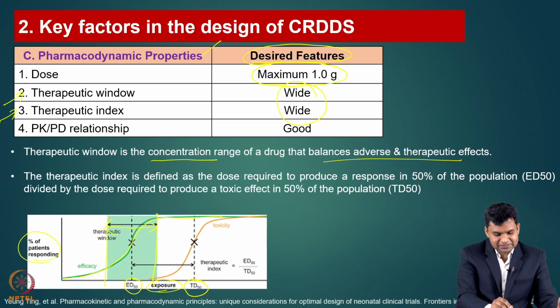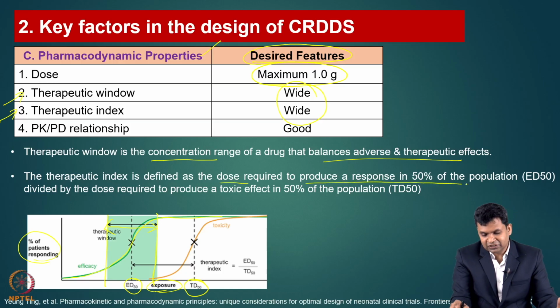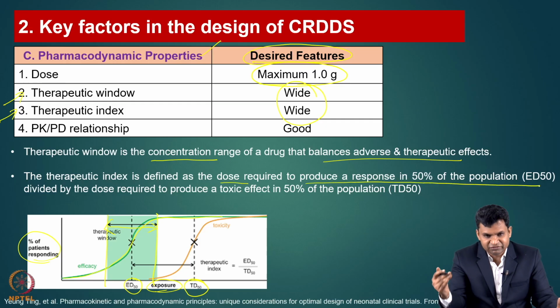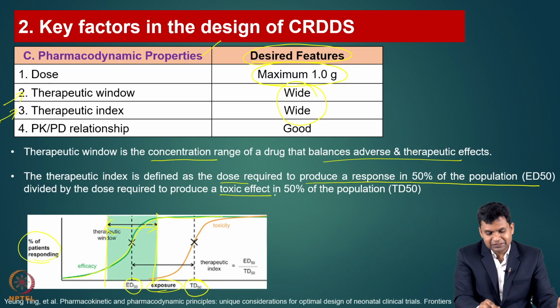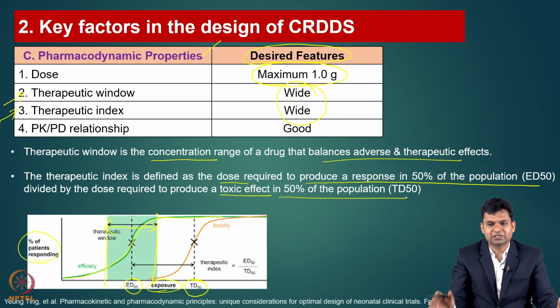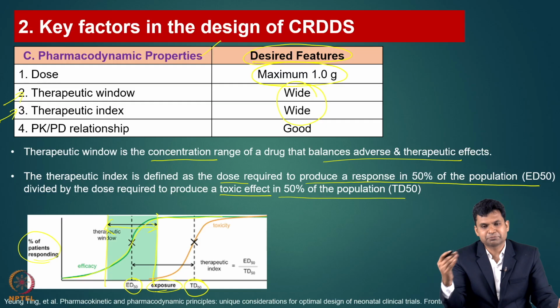Therapeutic index is defined as the dose required to produce the effect in 50% of the population, that is ED50, divided by the dose required to produce the toxic effect in 50% of the population. ED50 by TD50, that is nothing but the dose required to produce a response in 50% of the population, and the toxic effect and the response, or you can say the efficacy, in 50% of the population.